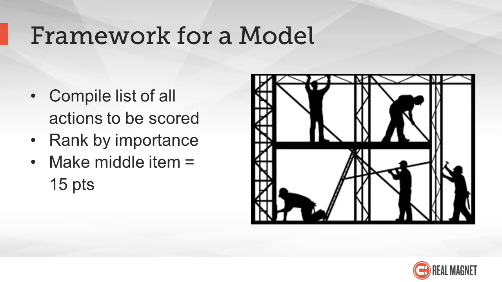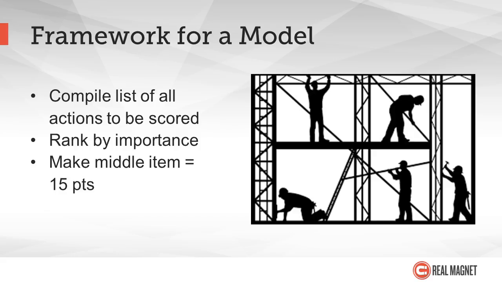So just to create a framework for how you can start your scoring scheme, what we do is we try to make it really simple for our customers. We say, just for starters, compile a list of all of the interactions that you would want included in your lead score.